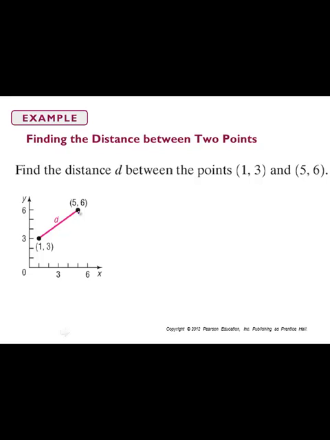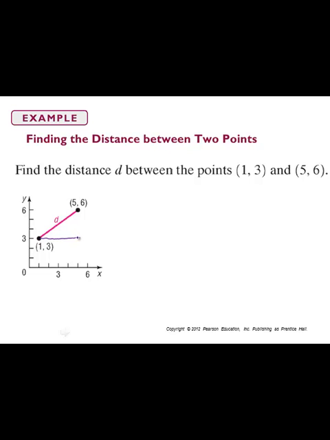Well, one way that we could do it is to kind of create a right triangle by going so many units horizontally from (1, 3) until we have gotten as far as the (5, 6) point. And then we stop until we have reached the furthest extent right that we can go.